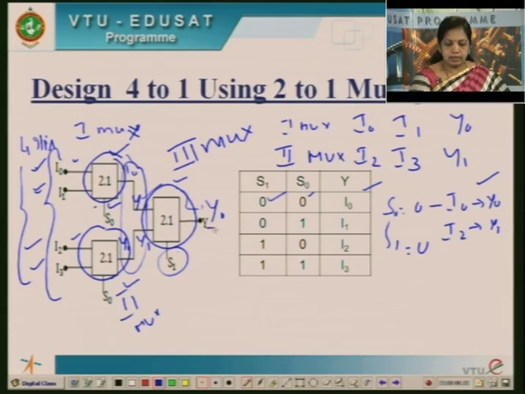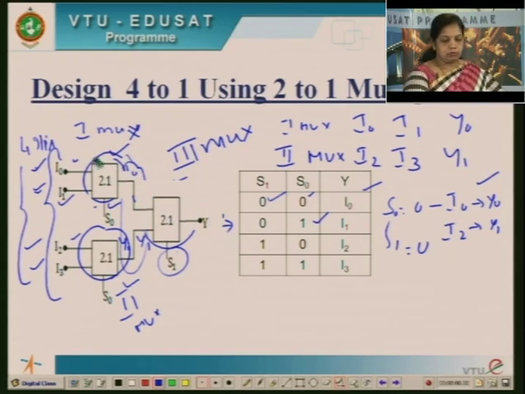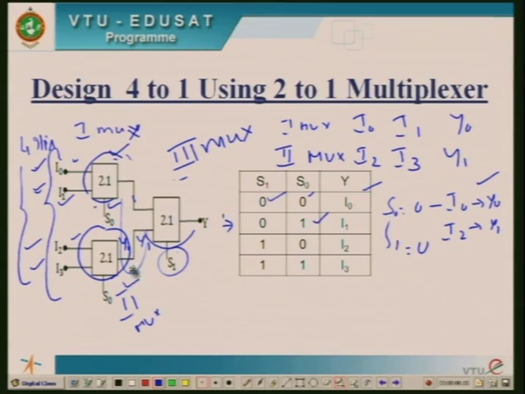So take a second example. In the second example we have S0 as 1. So S0 1 means I1 will be selected. So let me remove this. Let me design the second one, second component. So here it is I1.